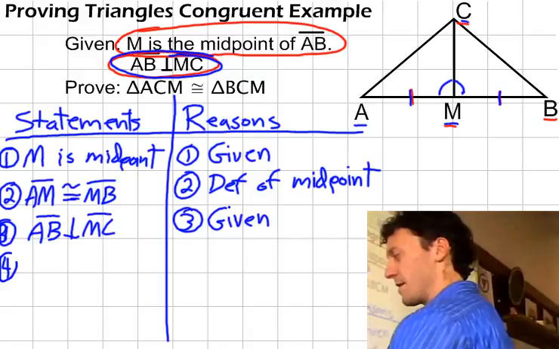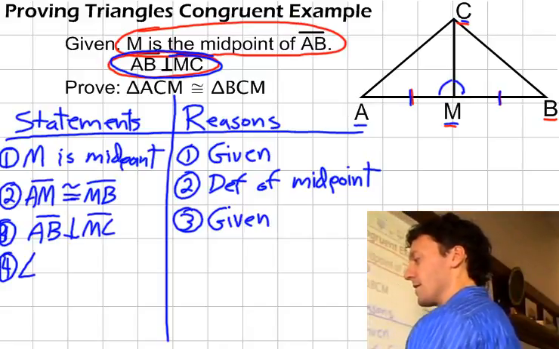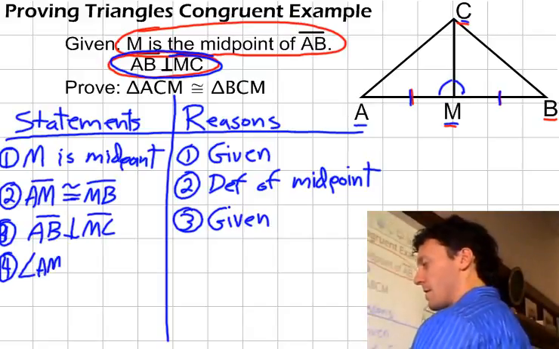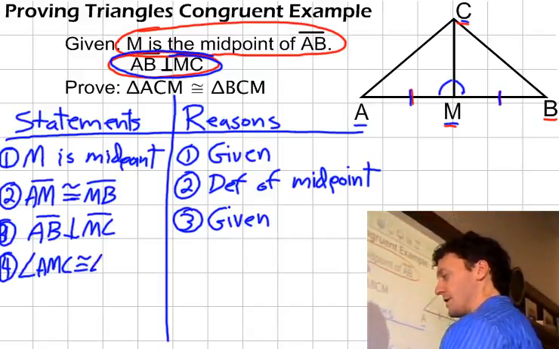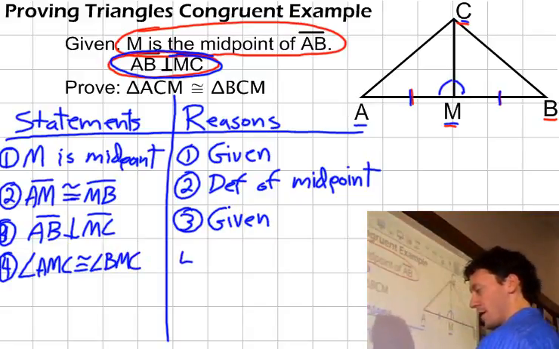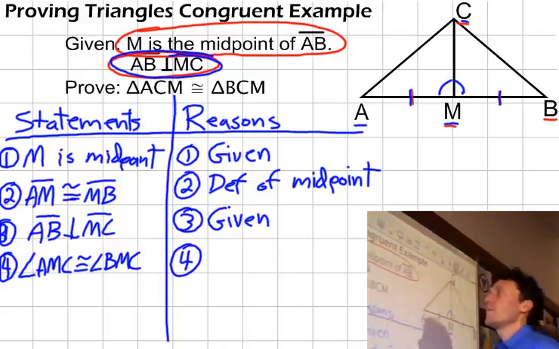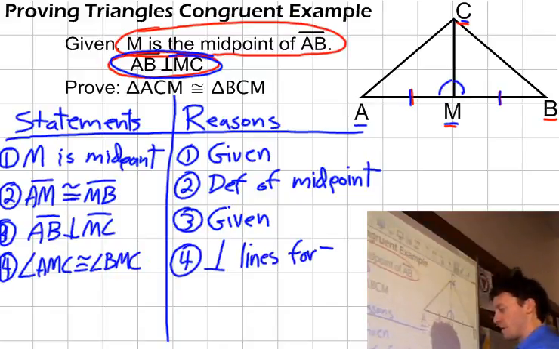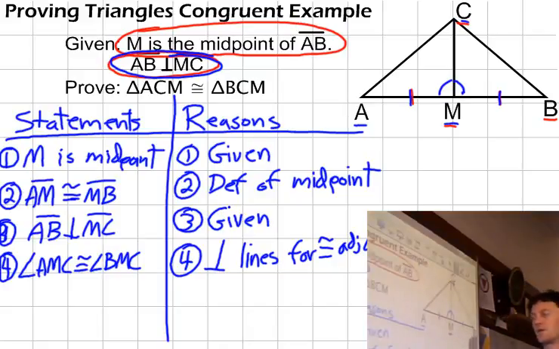Now we can say that angle AMC is congruent to angle BMC because perpendicular lines form congruent adjacent angles.